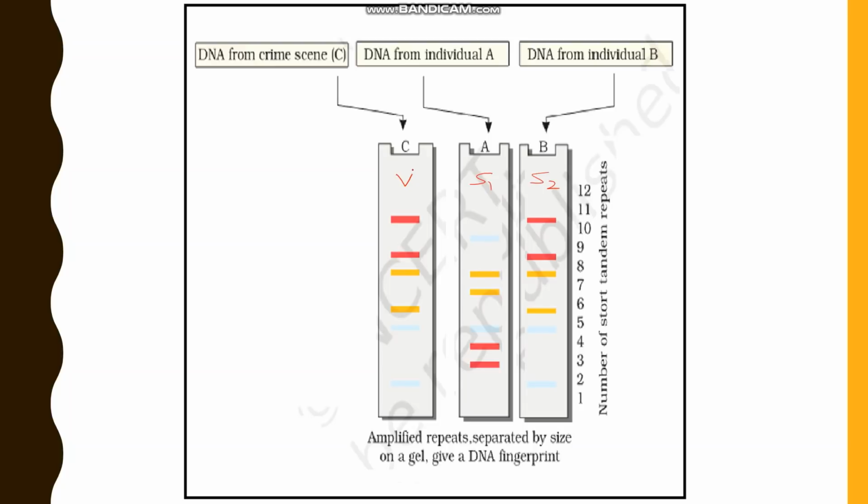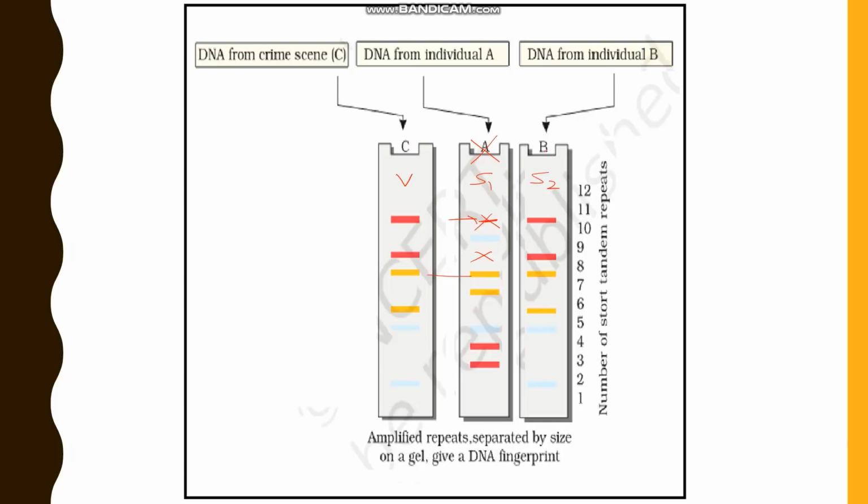So compare C and A, the victim sample and suspect 1. The first band is not the same. Here there is no dark band, so this is wrong. Here also there is no similarity. These two bands are similar, but all the other bands show dissimilarity. So definitely we can come to the conclusion that A is not the criminal.